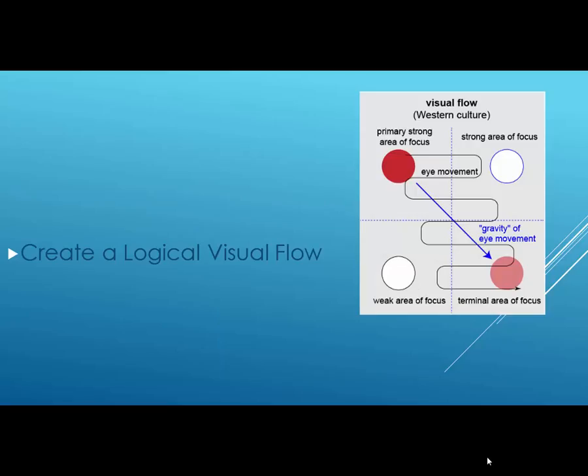Create a logical visual flow. People tend to look left to right and top to bottom to process information. You can help the visual flow of your poster with headings that direct the viewer where to look next. Make sure the takeaway message is not a small note in the margin.